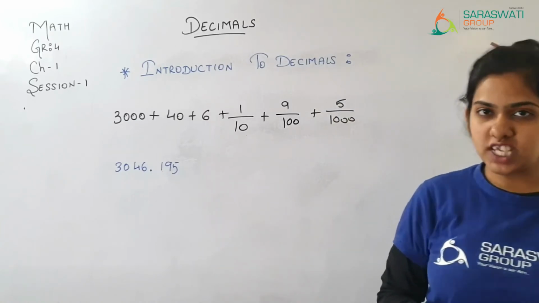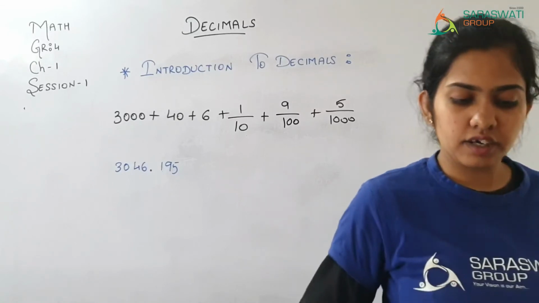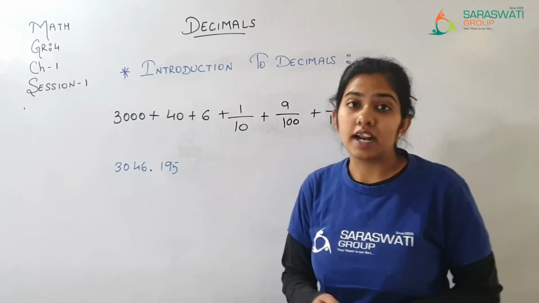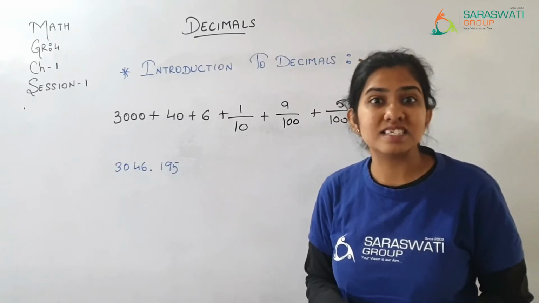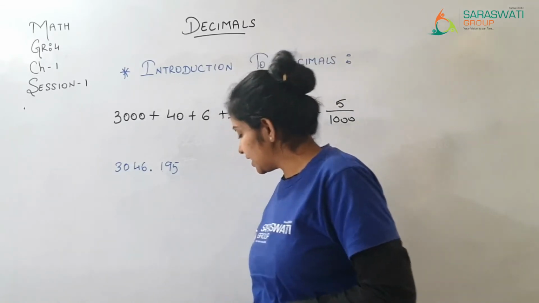Now let us see a few examples of how to write in standard form and how to write in expanded form. Okay? Write the decimal fractions as decimal numbers. So let us start.